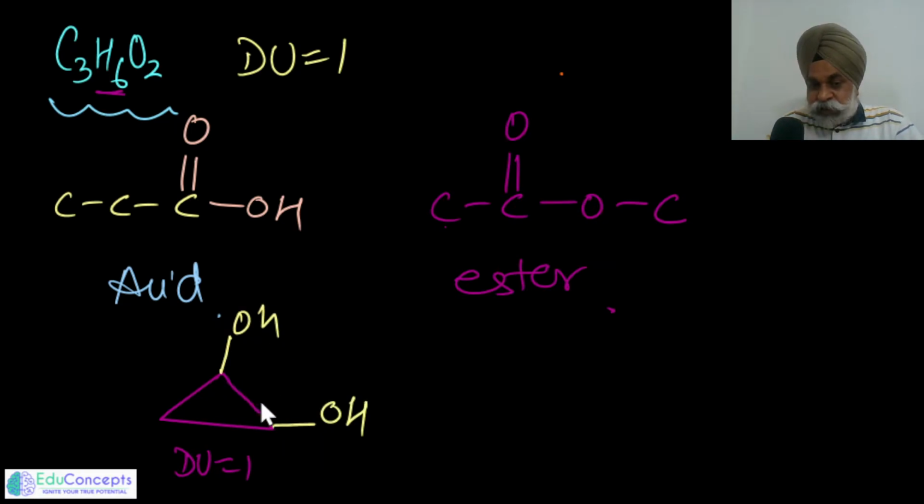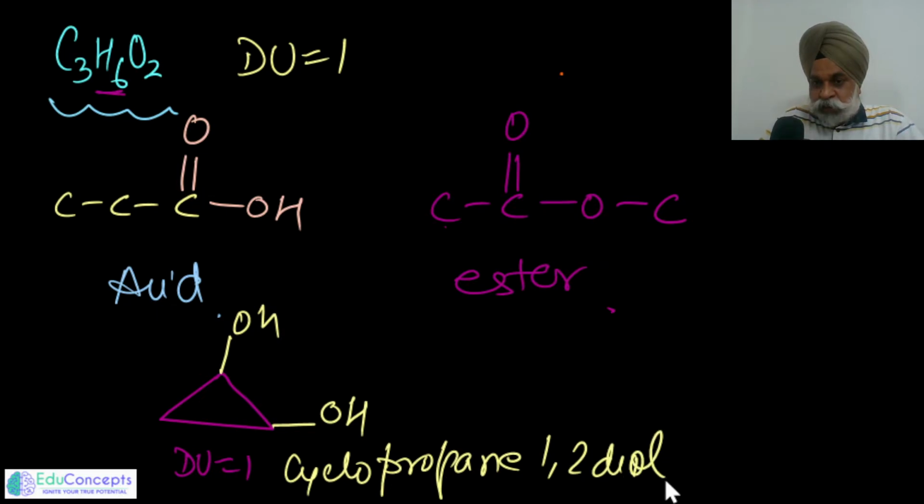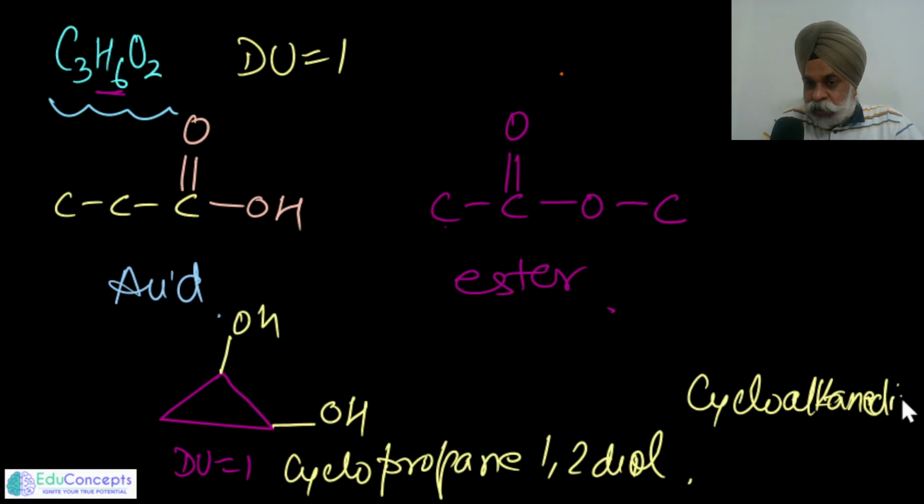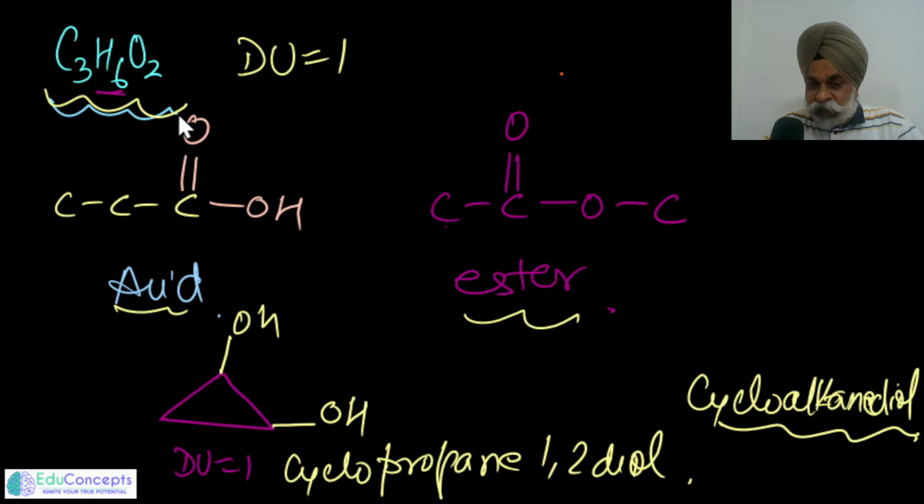So I can say cyclopropane 1,2-diol, or simply I will say cycloalkanol diol can be said to be the functional isomer to a carboxylic acid or an ester. So my point here is we can make many things with this formula, and wherever you happen to see different functional groups with respect to each other, they would be classified under the category of functional isomers.